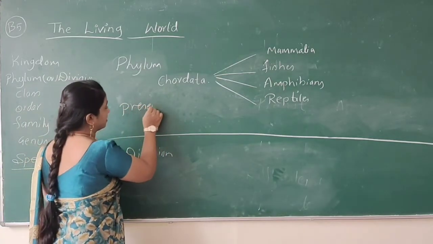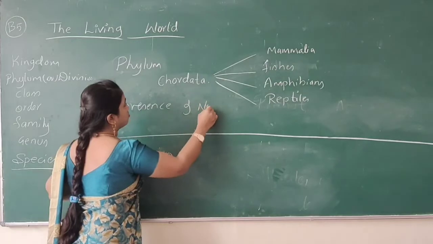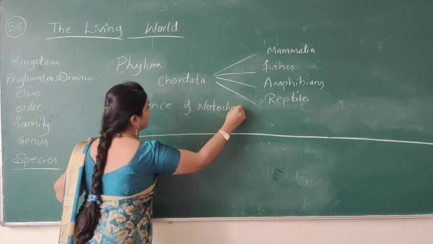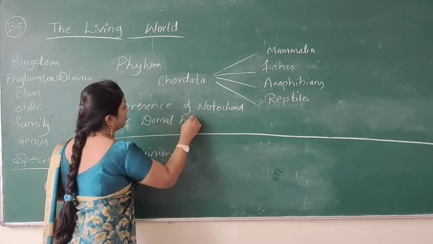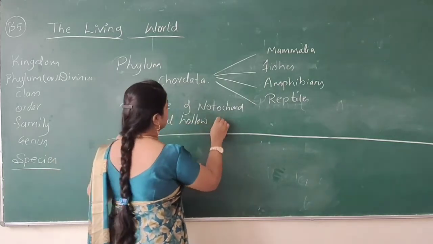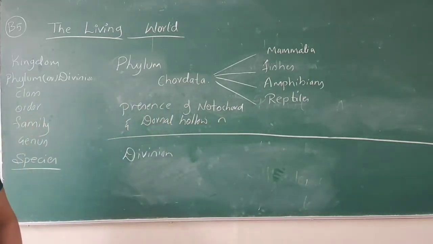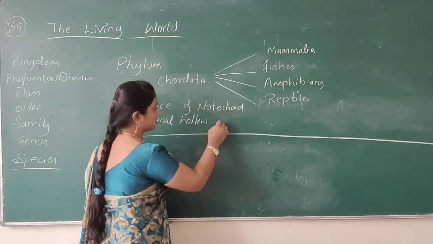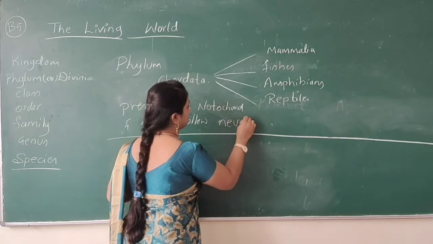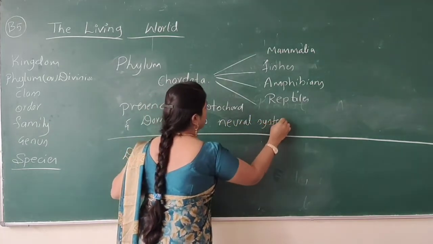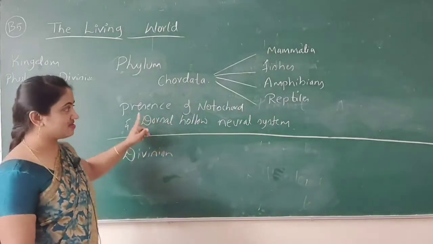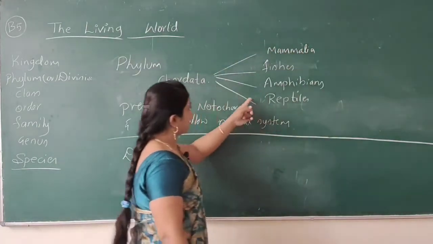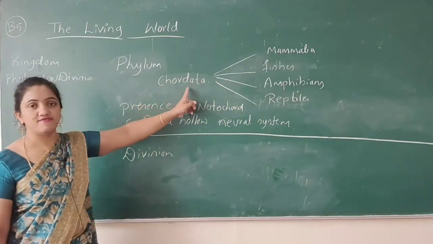That is the presence of notochord, and they have a dorsal hollow neural system. Sorry, it's not vertebral column, it is neural system. So based on the presence of this character in all these species, they come under the same phylum, phylum Chordata.